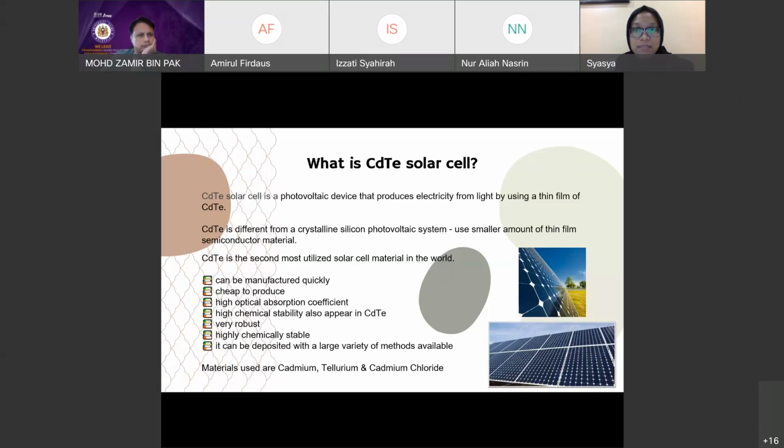The technology has the potential to surpass silicon in terms of cost per kilowatt of installed capacity. High optical absorption coefficient and high chemical stability also appear in cadmium telluride. Cadmium telluride is very robust and highly chemically stable. It can be deposited with a large variety of methods, making it ideal for production over large areas. Materials used are cadmium, tellurium, and cadmium chloride.